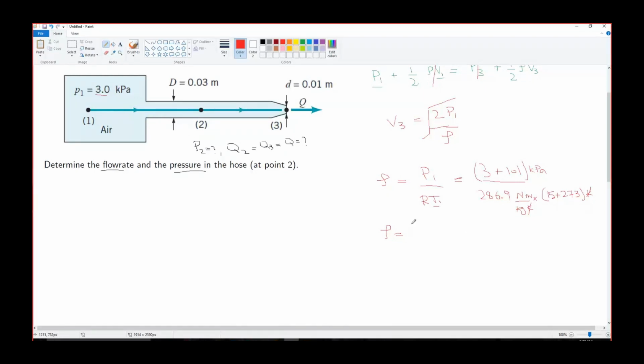So 1.26, sorry, 1.26 kg per meter cube would be the unit if we adjust the kilopascal.